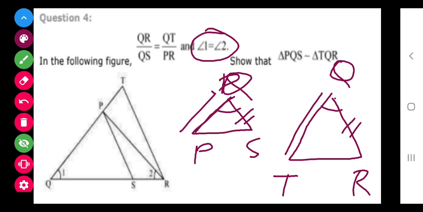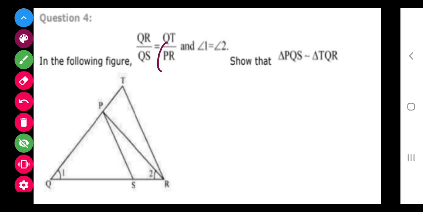Angle 1 is equal to angle 2. So we can make out that if these two angles are equal, then in this triangle PR is equal to PQ. So in place of PR we can write PQ.